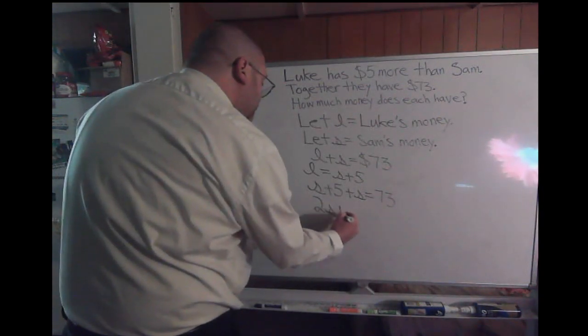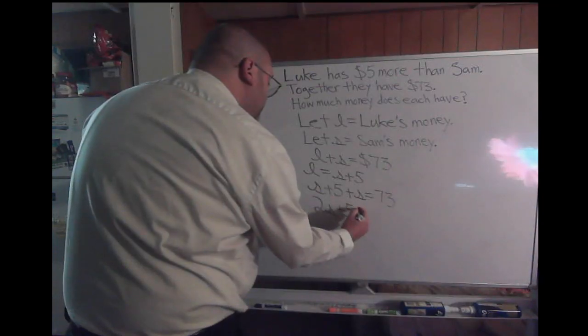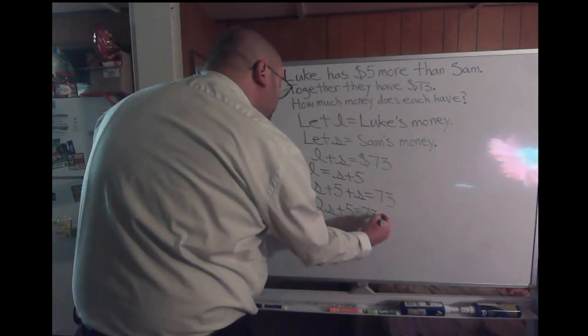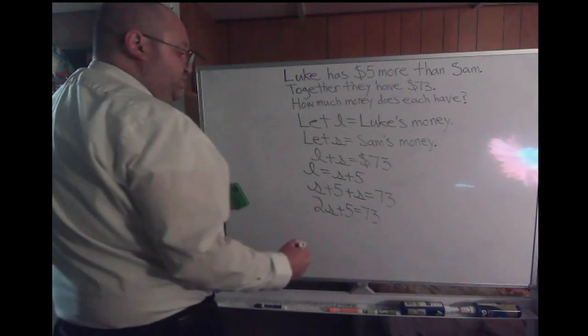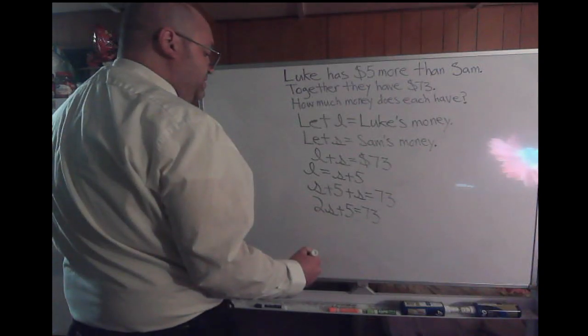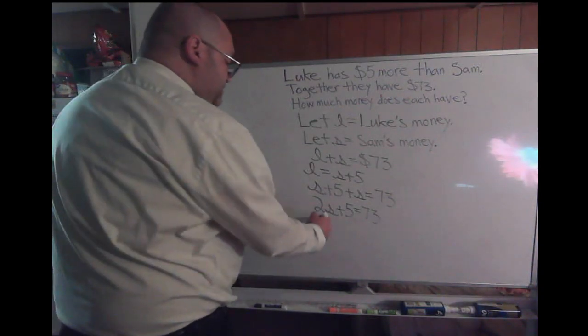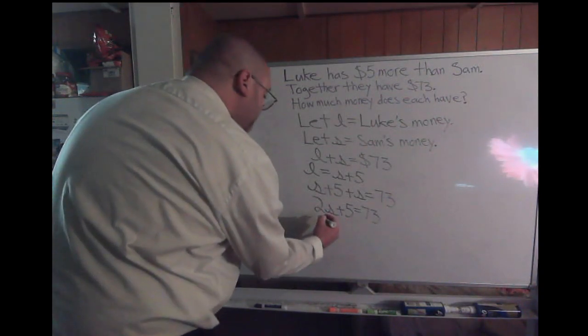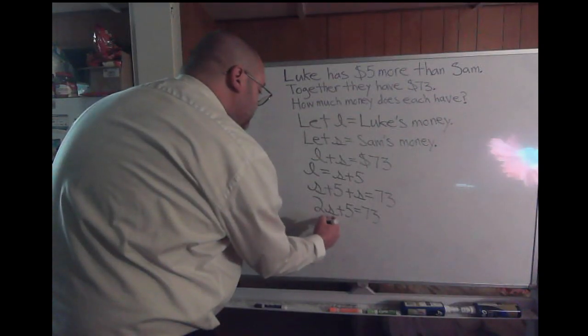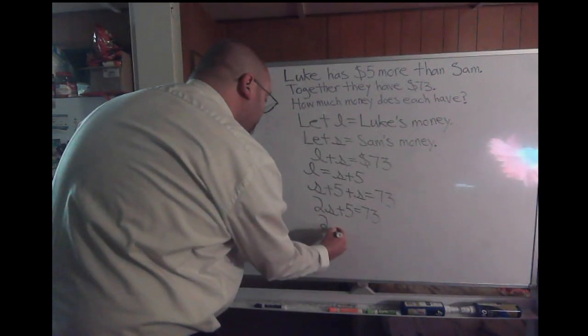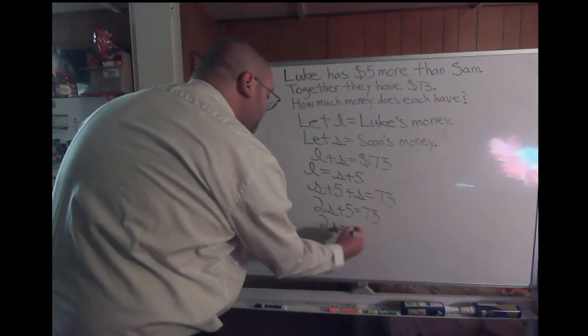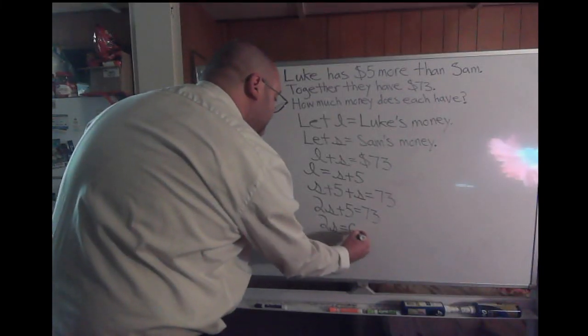You'll have 2S plus 5 is equal to 73. Now we just want to get 2S by itself. So you subtract 5 from 2S plus 5, you'll just get 2S, but what you do to one side, you got to do to the other. 73 minus 5 is 68.